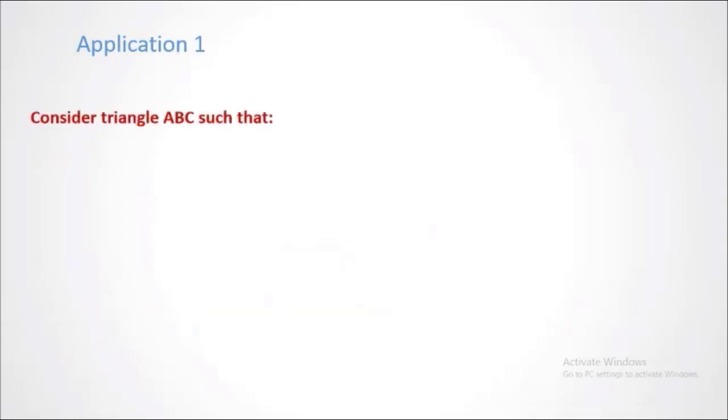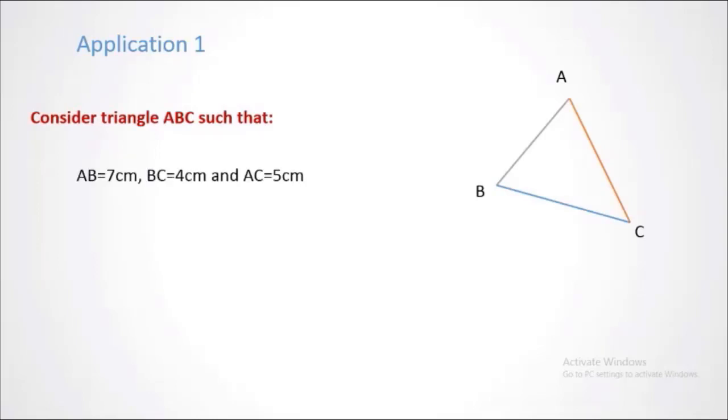Application 1. Consider triangle ABC such that AB is equal to 7 cm, BC is equal to 4 cm, and AC is equal to 5 cm. Is ABC an isosceles triangle? An equilateral triangle?